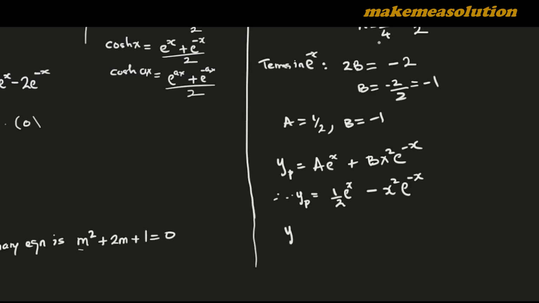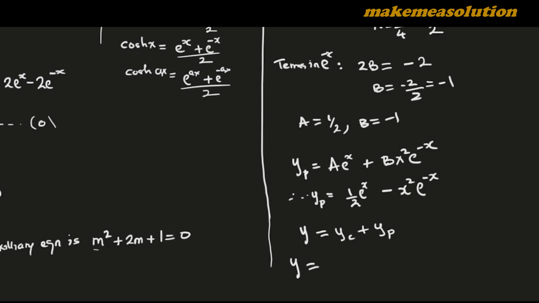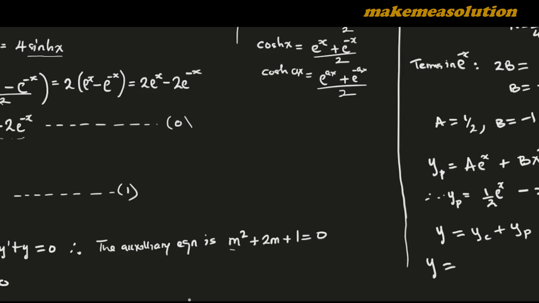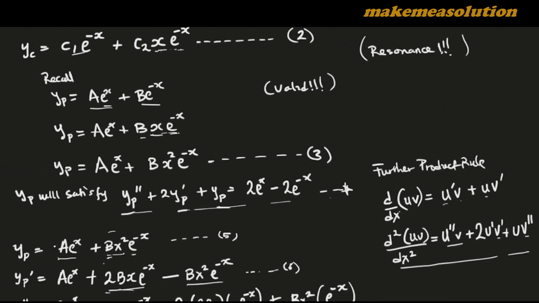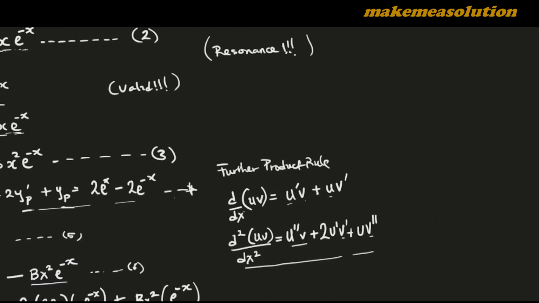So when you solve this equation, finally for your general solution, yc plus yp, our y will be equal to, what is yc? Our yc was gotten as, if you could remember, c1 exponential negative x plus c2x exponential negative x.